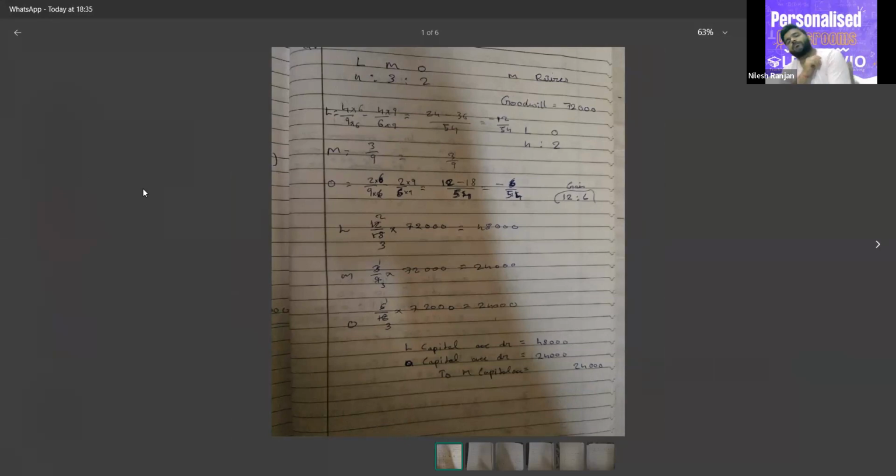It is 72,000. And on the credit side, 24,000. So both sides are equal.